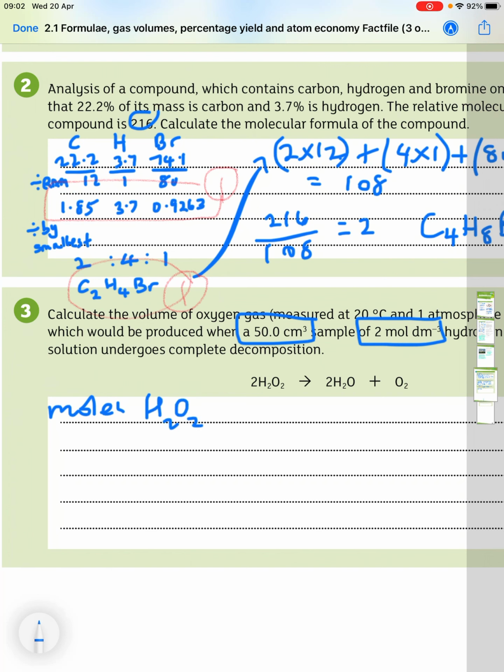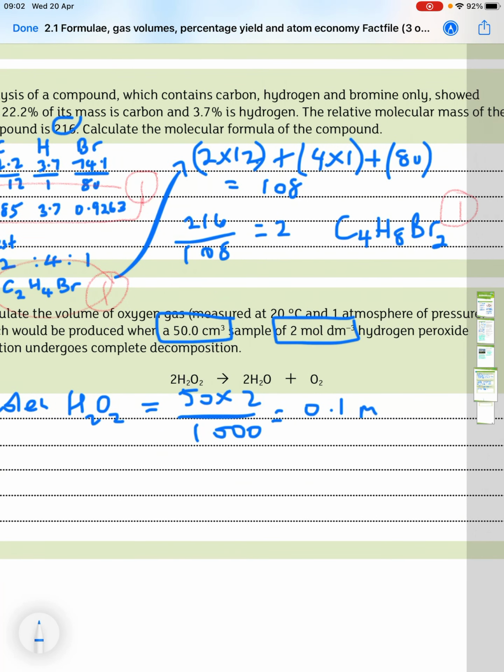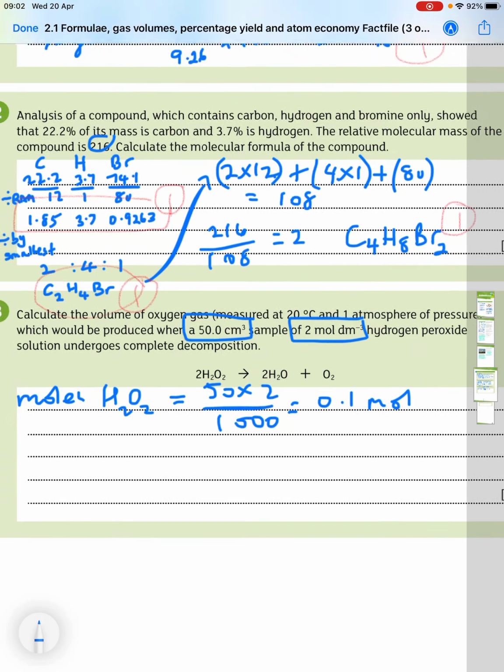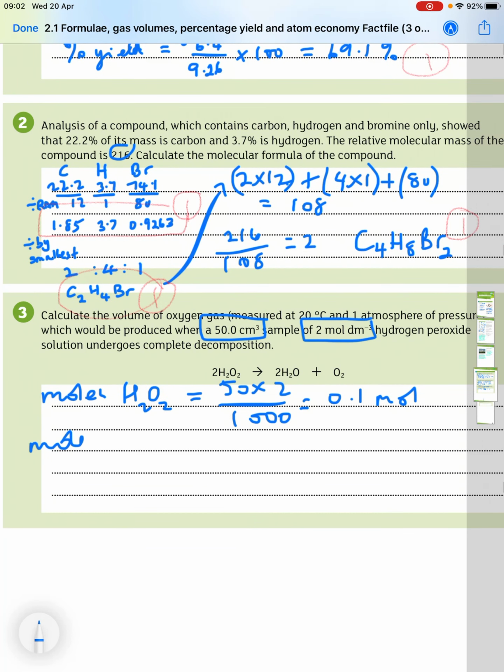So first of all, we want to work out the number of moles of the hydrogen peroxide, which is 50, times the concentration, which is 2, divided by 1,000, which gives us 0.1 moles. Then we work out the moles of oxygen. So we have 0.1 divided by 2, which is 0.05 moles.